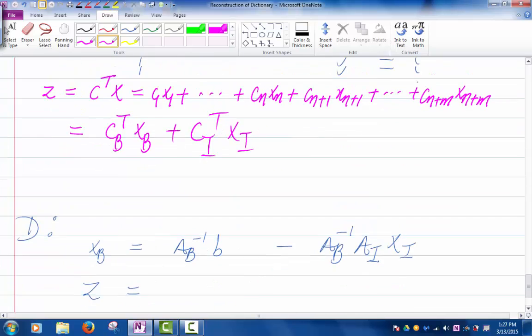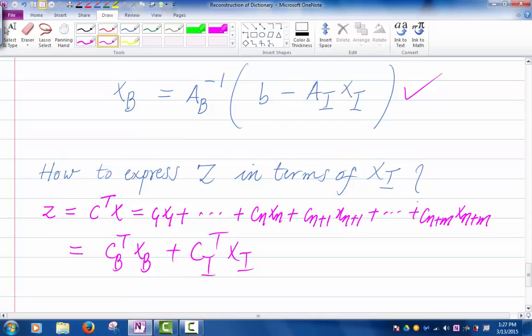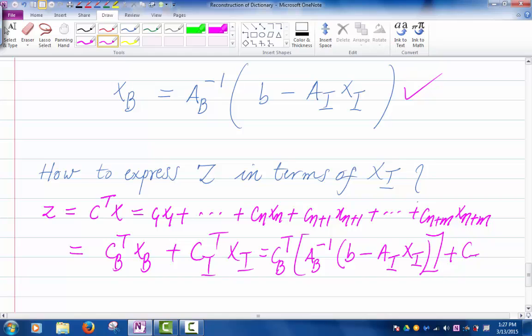So now let me just say that this is equal to CB transpose multiplied with XB, which is AB inverse times B minus AI XI, and then plus CI transpose XI. Right? So I can explicitly find what Z is in terms of the non-basics.